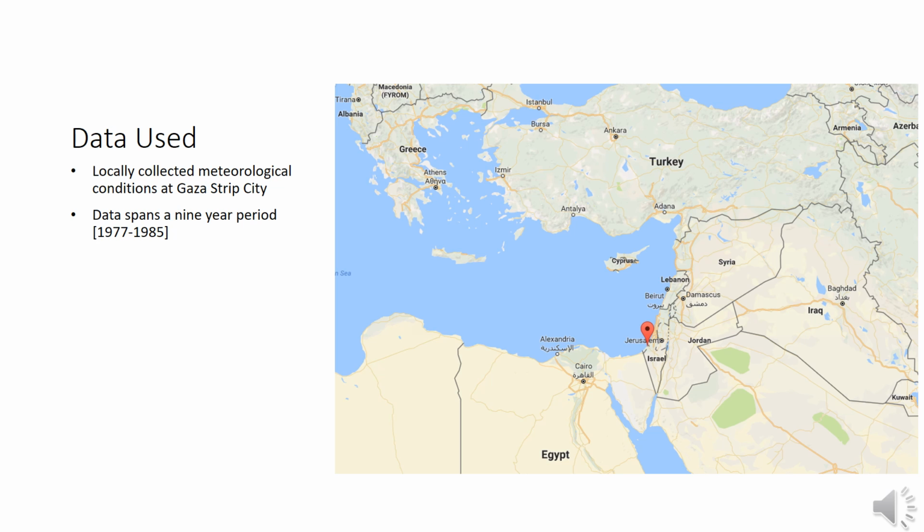So again, the data they used was weather station data collected at Gaza Strip City, which is located where the red arrow is on the map. And the weather stations recorded observations such as the day, month, and year that data is collected, the daily average relative humidity, the average temperature for the day, the wind speed, wind direction, time of the highest wind speed, and also a rainfall observation.